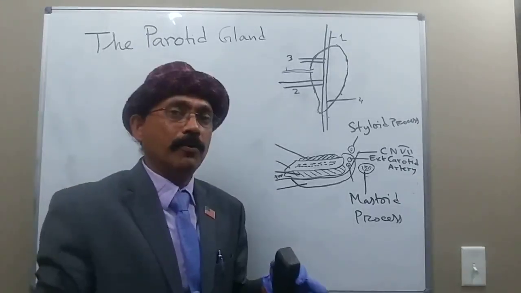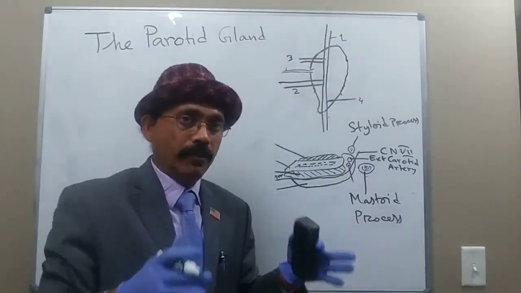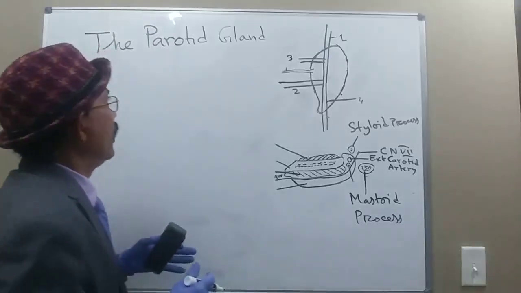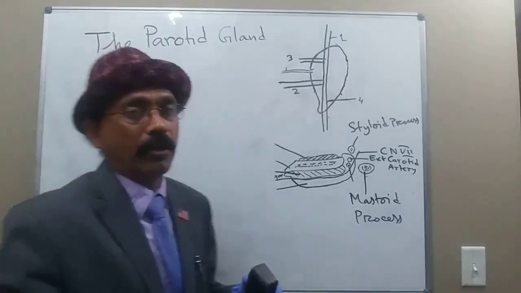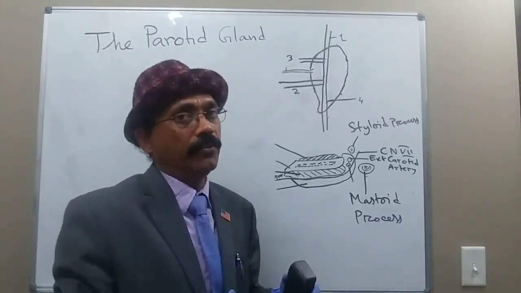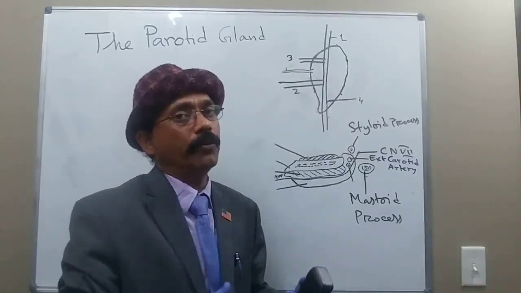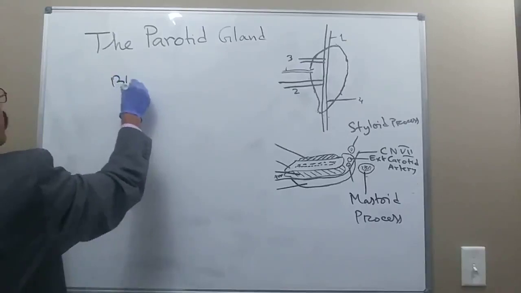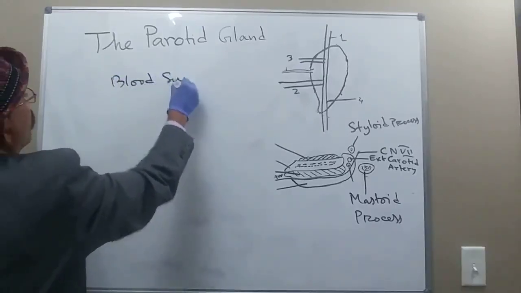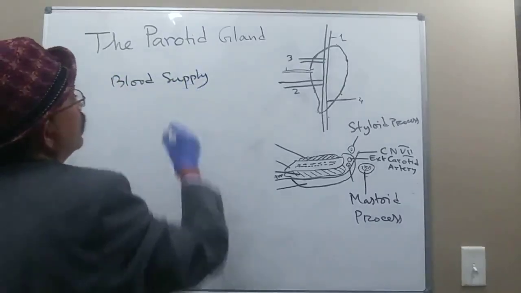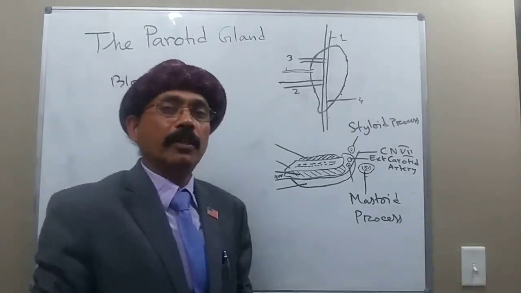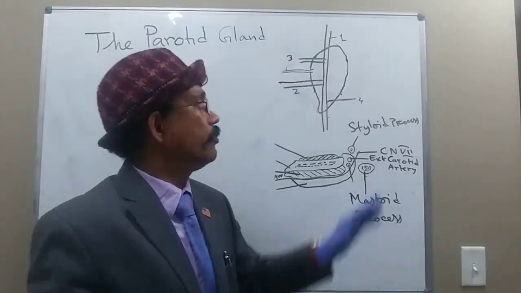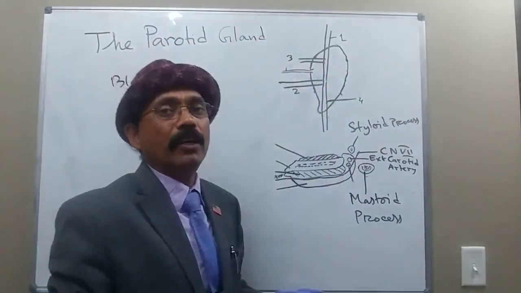To say it again, parotid gland contains multiple structures, and a significant part of the lymph nodes are present inside the parotid gland, some of them outside the parotid gland. So what is the blood supply of the parotid gland? Blood supply is very easy. These are the branches of the external carotid artery, the terminal branches which are inside the parotid gland.